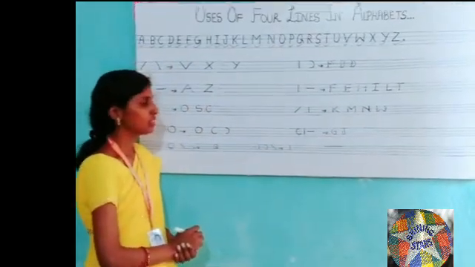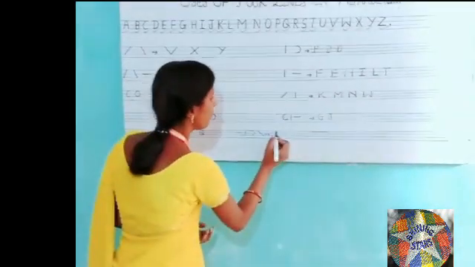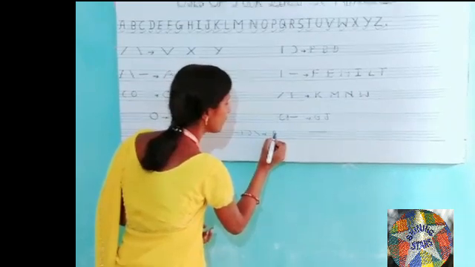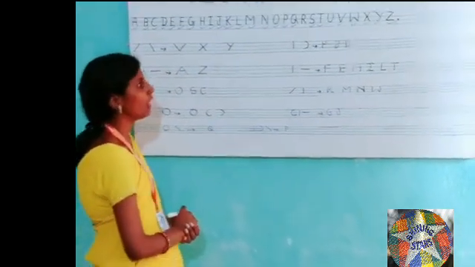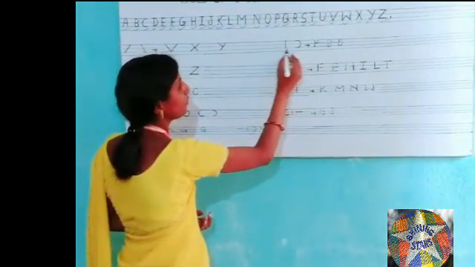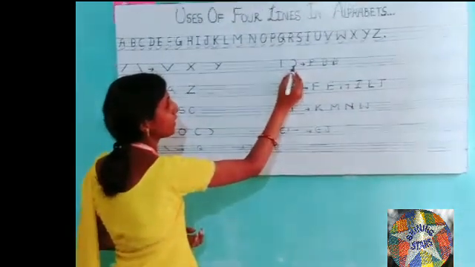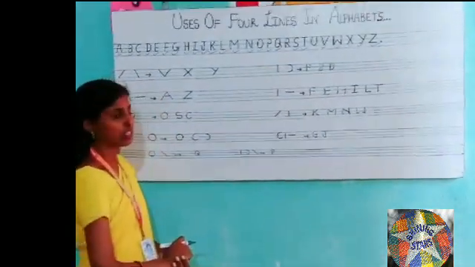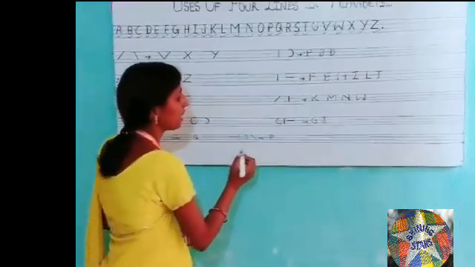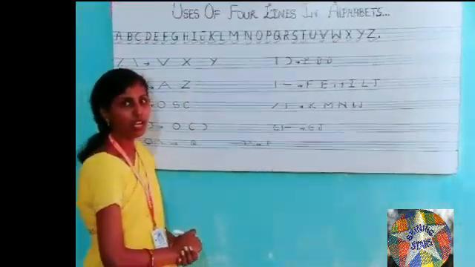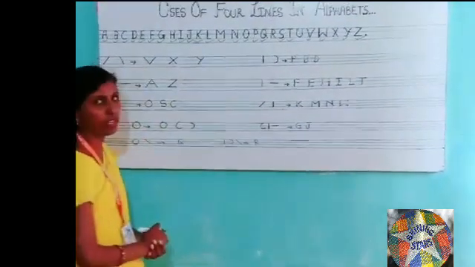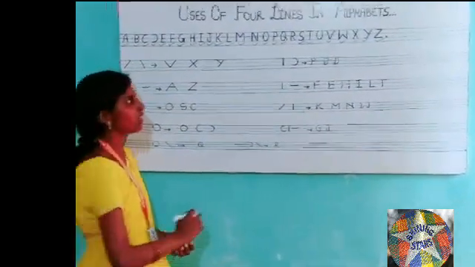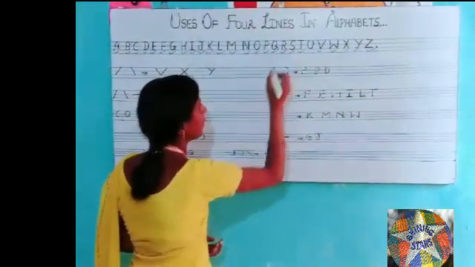From the first blue line to the first green line we will make something like P. We have learned to make P with the help of a standing line and a semicircle. Now we will draw a slant line. It becomes R. If we draw from the first green line to the second green line, it becomes R. We have done R also.